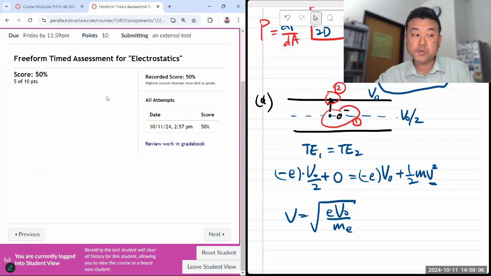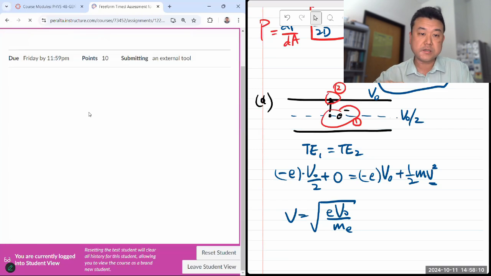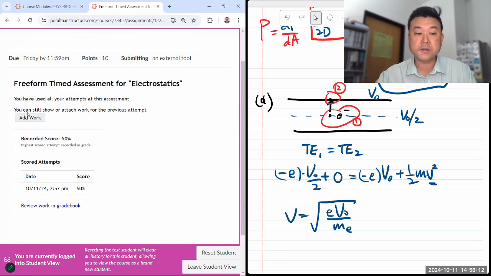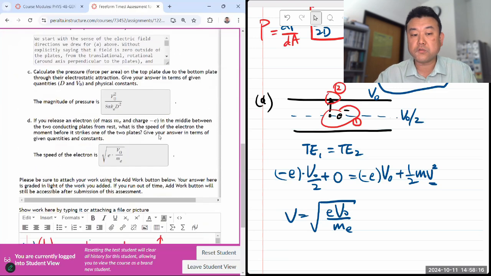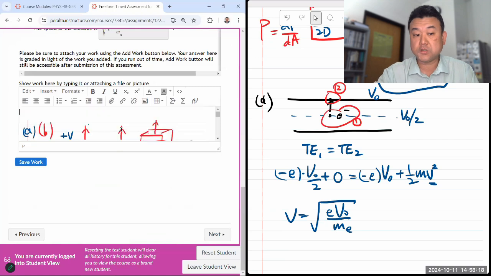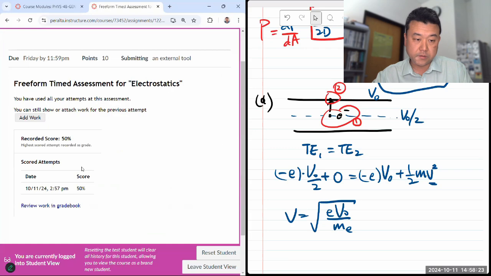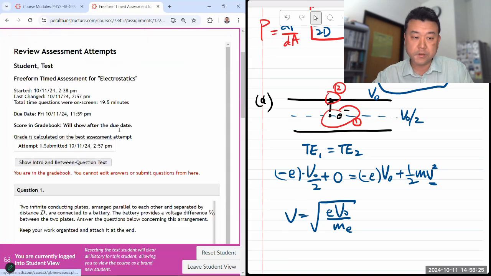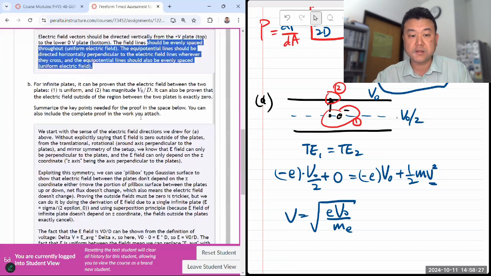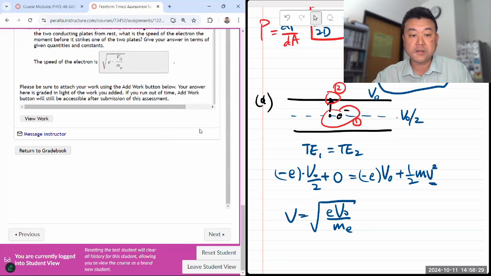If you want to modify your work at this point, you can refresh this screen and go through the add work button. Then you will get to a screen where you can still change the work if you feel you need to change anything. If you go in through the review work in Gradable, that screen will not let you change anything, not the answers, not the attached work.